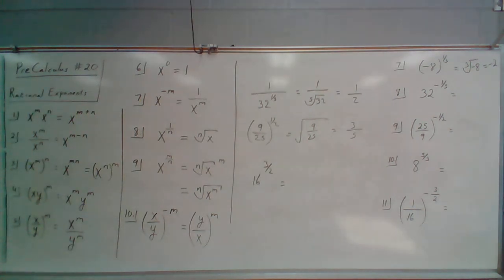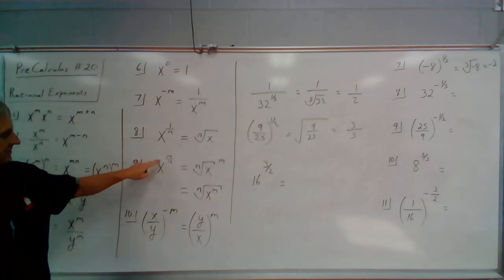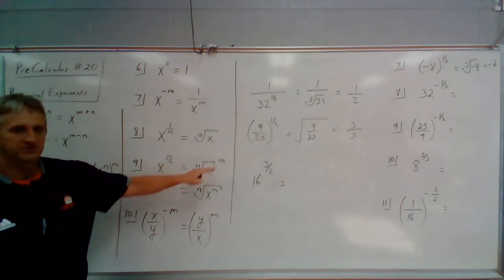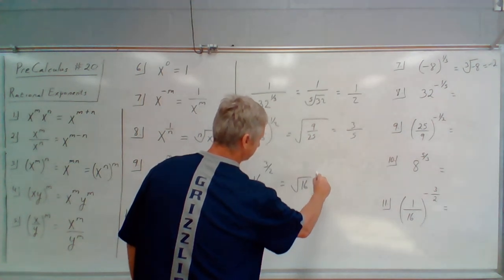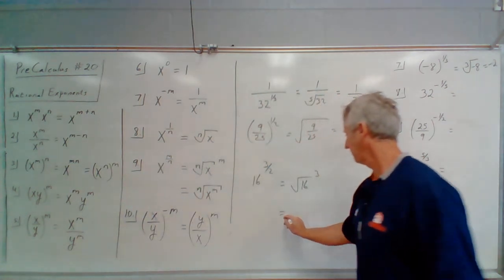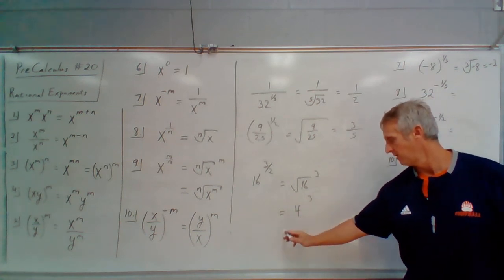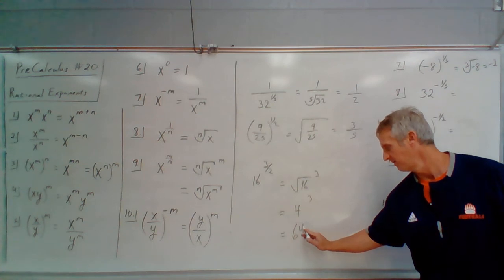All right, now by rule number 9, 16 to the 3 over 2 will be the second root of 16 to the 3rd. So the square root of 16 to the 3rd. Square root of 16 is 4. 4 to the 3rd is 64.